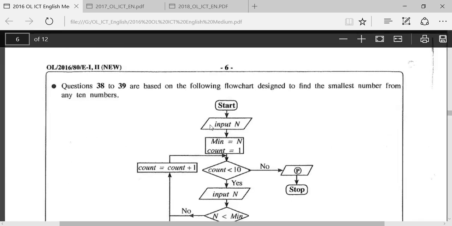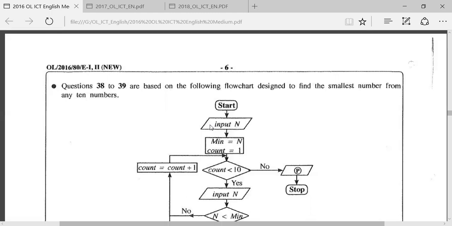Question number 38, 39 are based on the following flowchart designed to find the smallest number from any 10 numbers, right?